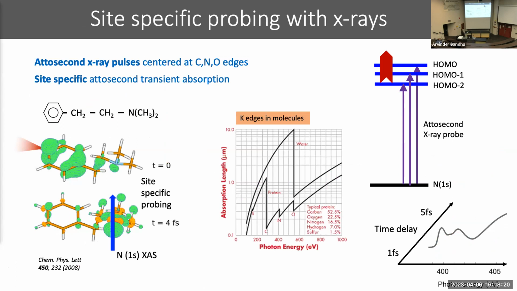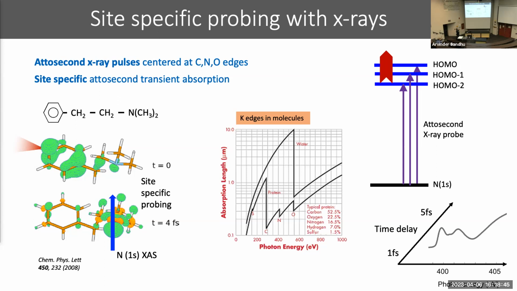X-rays give us a beautiful advantage that each atom has its own unique absorption signature. Carbon absorbs around 280 eV, 290 eV. Nitrogen absorbs around 400 eV. Oxygen absorbs around 500 eV. So if we do spectroscopy with X-rays, not only will we get attosecond resolution, but we will also know which atom the charge is on.